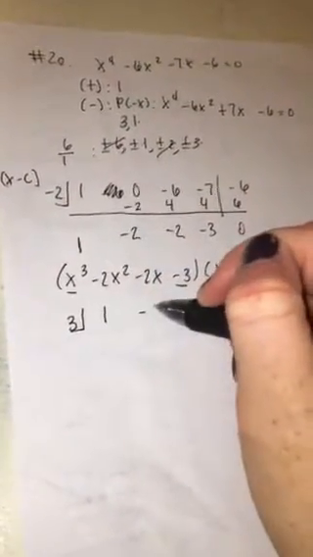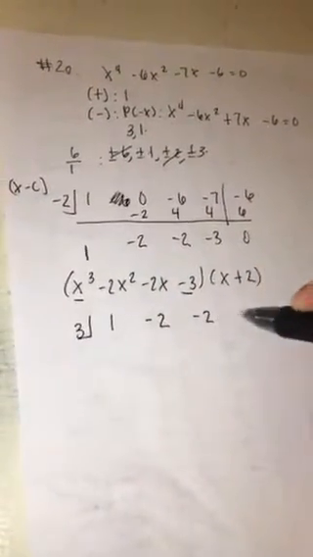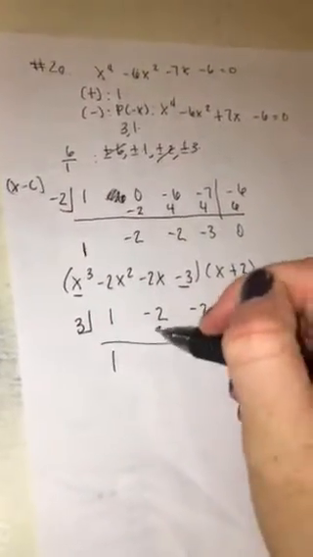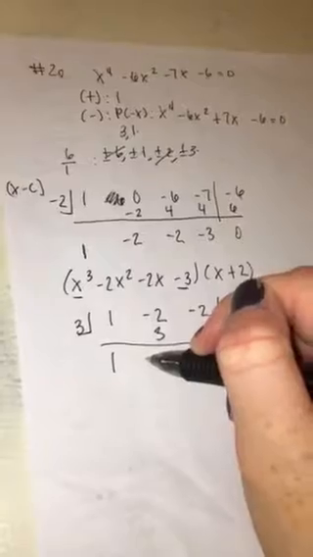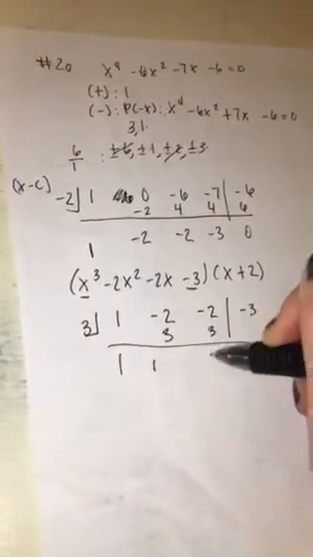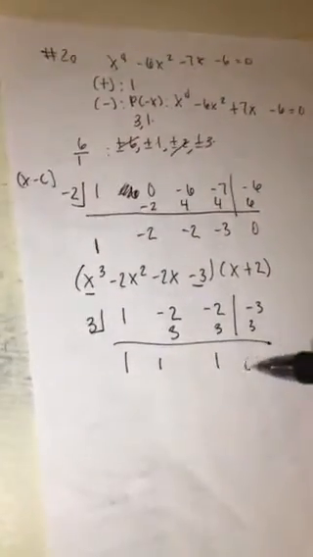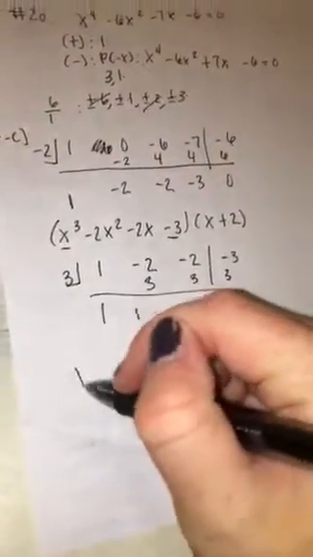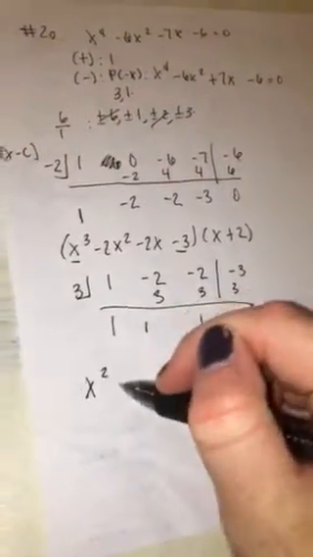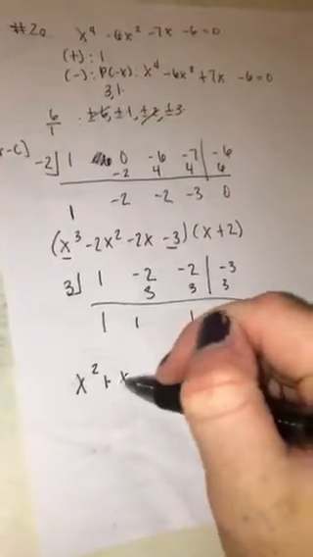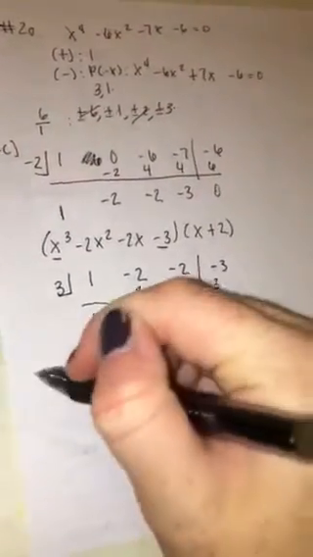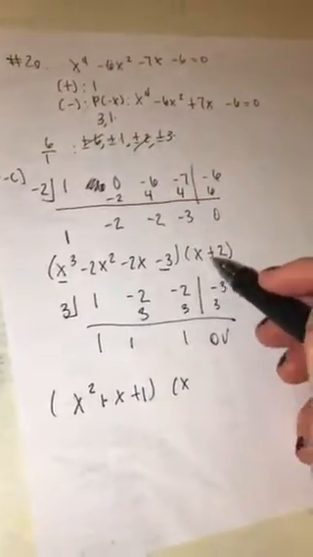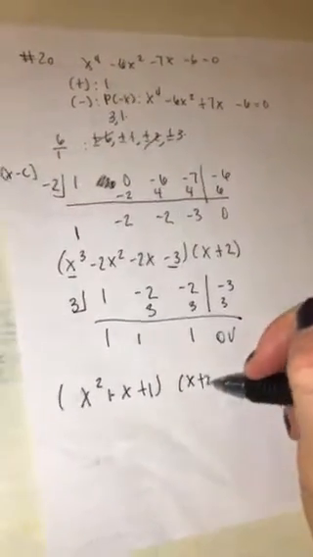So 1, -2, -2, -3. 1, 3, 1, 3, which gives you a remainder of 0. So then you simplify your equation again, and you get x squared plus x plus 1, x, and you bring this 2, so plus 2.